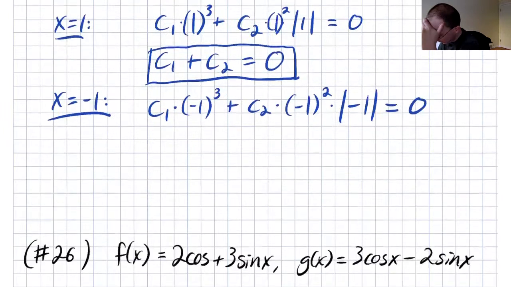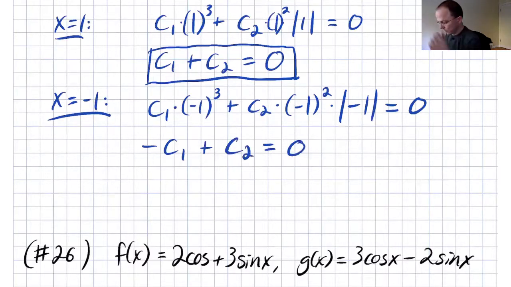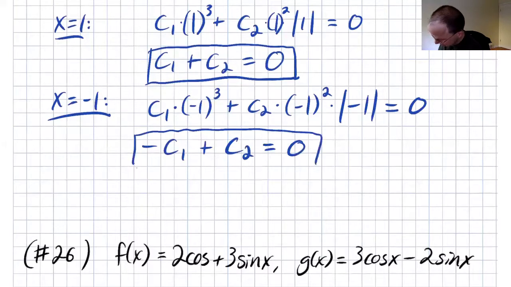Okay, what do we get now? Well, -1 cubed is -1, so we'll get negative C1. -1 squared is 1, and the absolute value of -1 is 1. So this gives us C2 equals 0. There's our second equation.